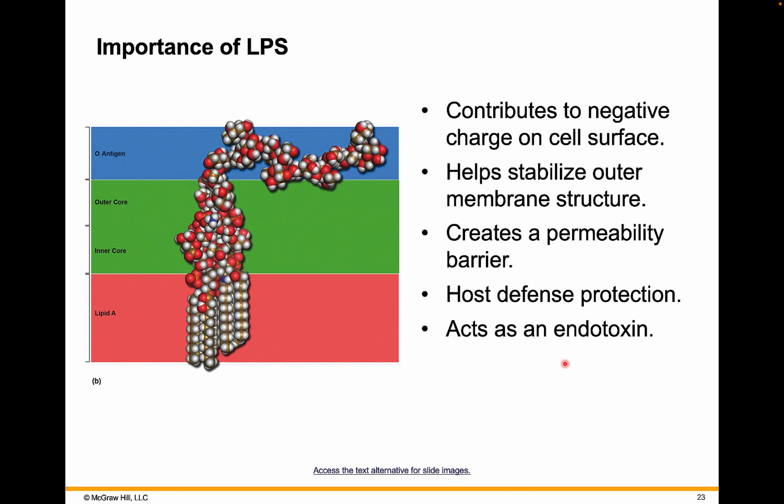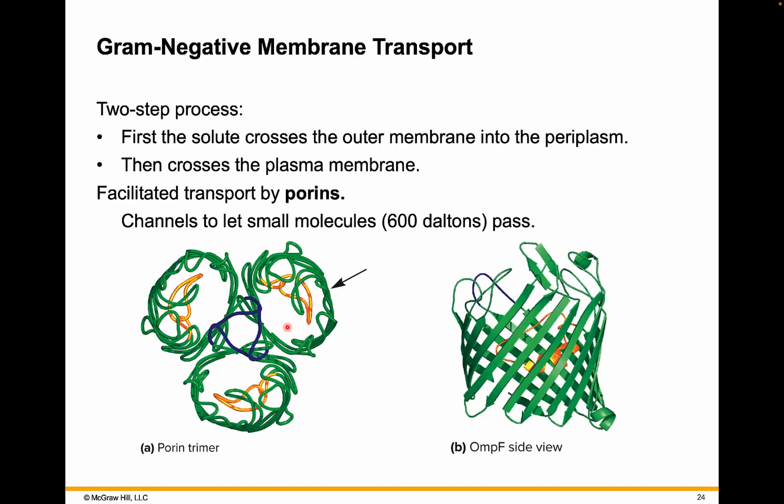Exotoxin is usually secreted by the bacteria; it is a toxin synthesized inside the bacteria and released, and the purpose is to act as a toxin. Usually these are protein-based, whereas an endotoxin is a part of the outer membrane of the gram-negative bacteria, which reacts with our immune system and causes inflammation, fever, chills, that kind of outcome.